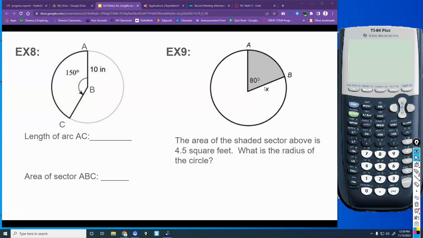So if I were to find the area of that sector, I would have to do 80 over 360 times pi times x squared, because my radius is x. So that will equal the area of the sector, which they tell me is 4.5.